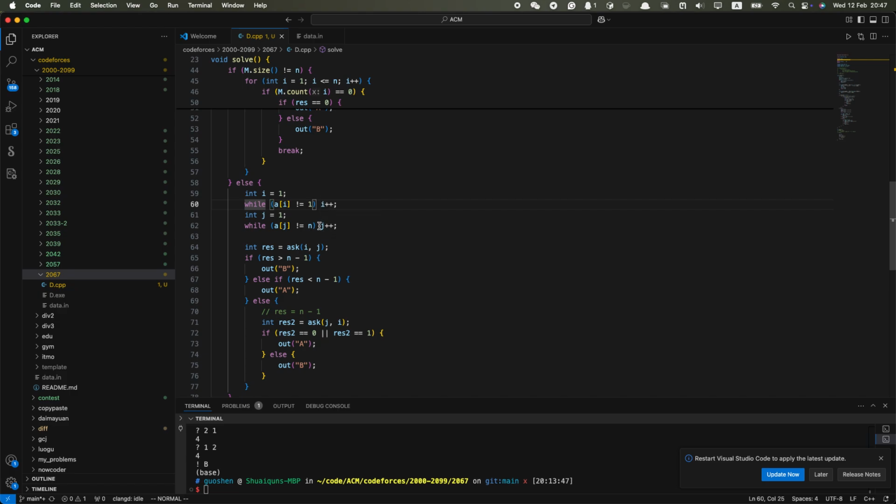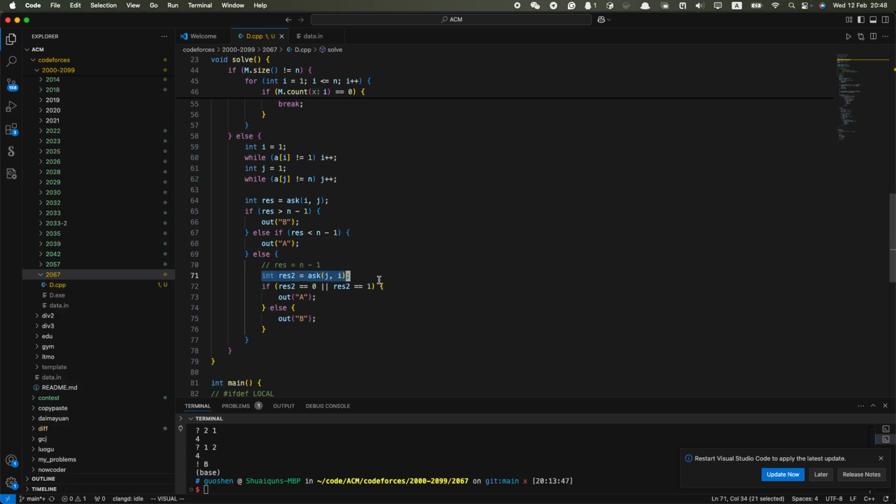So in the second dimension, if the second dimension is equal, the last answer also becomes n minus 1. So it cannot be less than n minus 1.